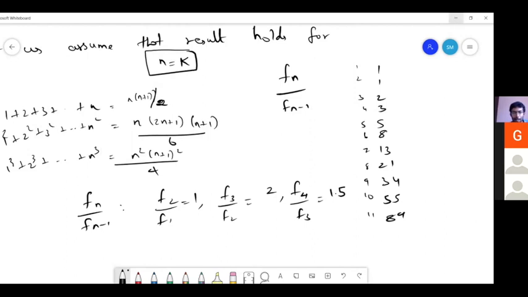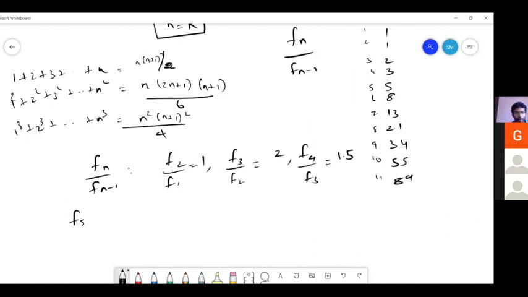Then F5 by F4 is 5 by 3, which is 1.666666. Then F6 by F5 is 8 by 5, which is 1.6.